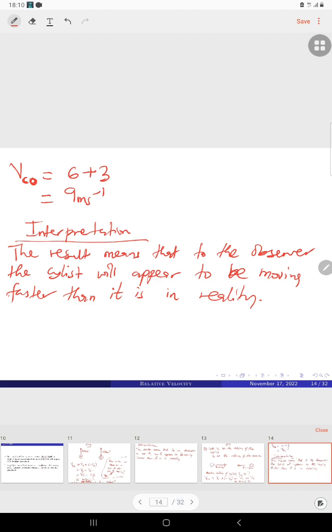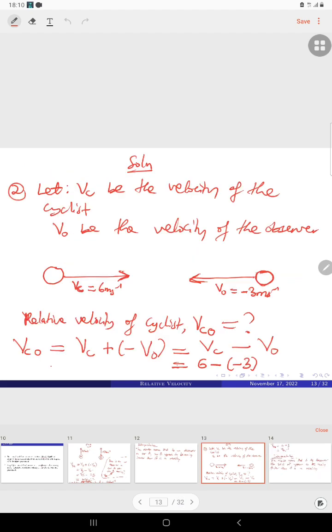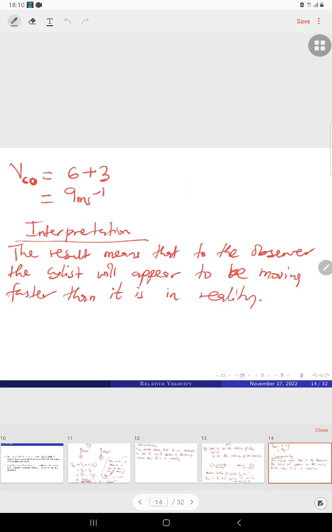Because both of you are bypassing each other, the velocity of the car you are sitting in and that of the car which is coming to bypass you will add up. That is what you are going to hear in your ears. So it will appear to be moving faster to you.